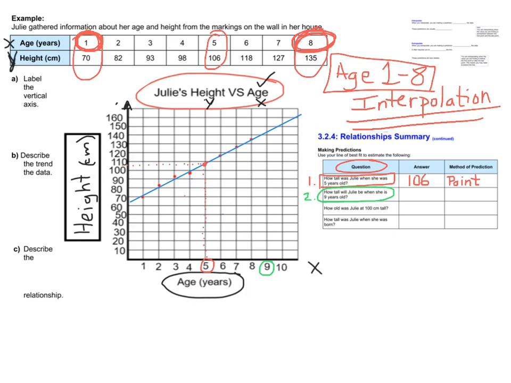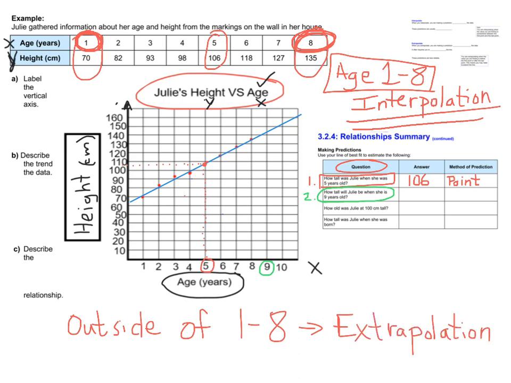If they talk about anything outside of 1 to 8, so I'm going to just write outside, okay, outside of 1 to 8. So if they talk about under 1, so at 0, at 9, at 10, at 11, at 12, any of that stuff is actually called extrapolation.